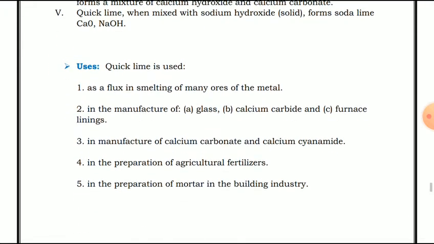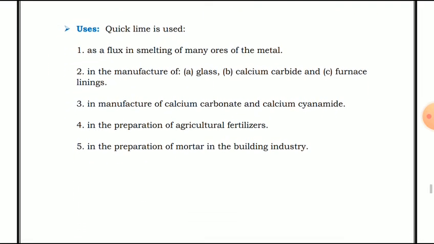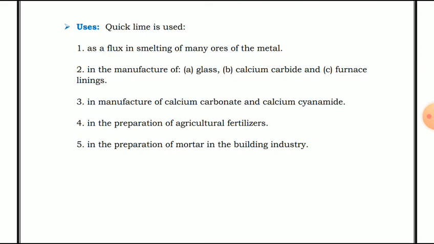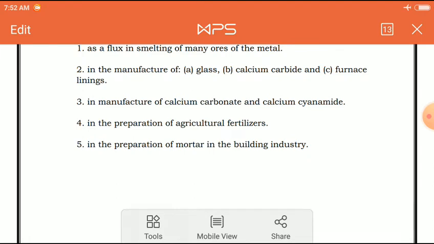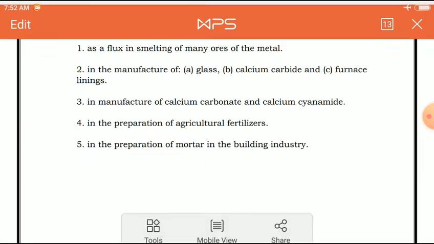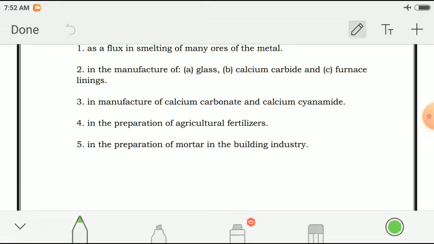Now the uses of quick lime or calcium oxide. First, quick lime is used as a flux in smelting of many ores of metals. Second, it is used in the manufacture of glass and calcium carbide furnace lining.